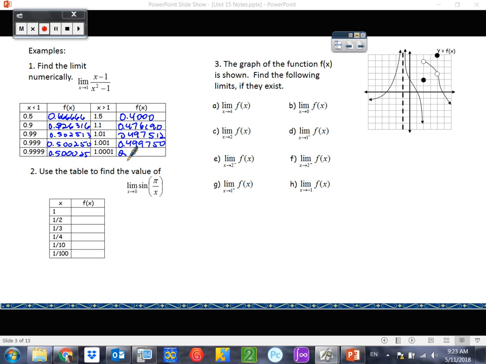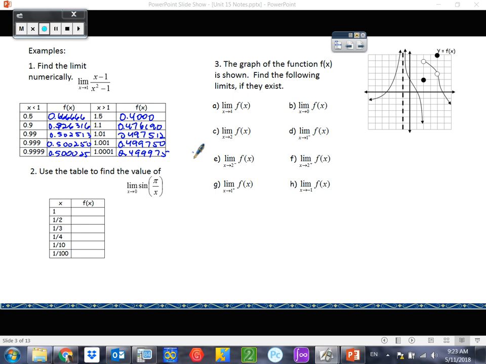And lastly, at 1.0001 is 0.499975. So I think numerically this is very clear. This is a clear pattern.